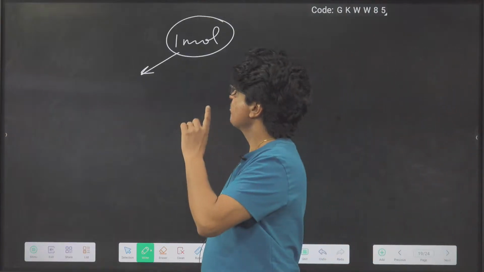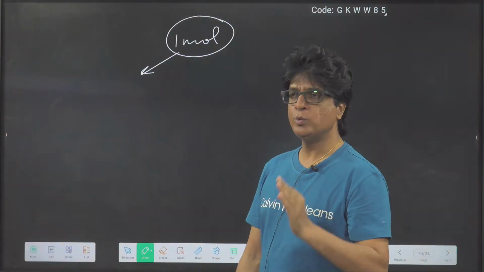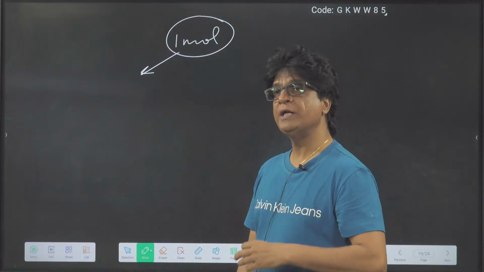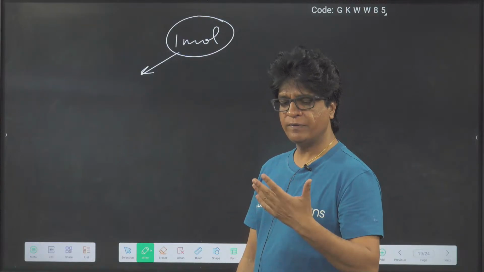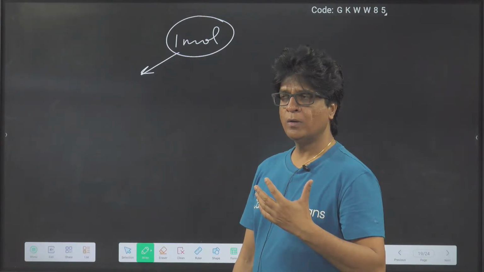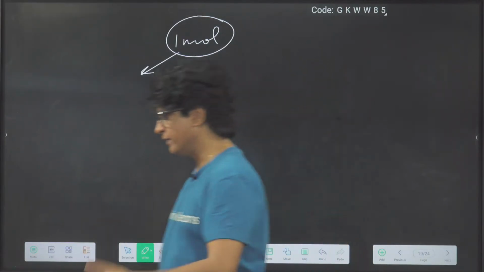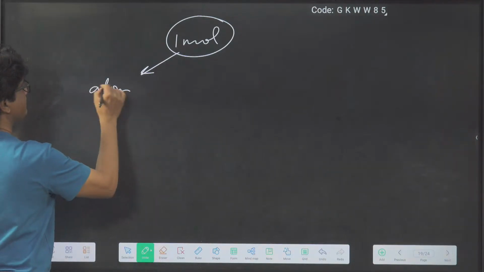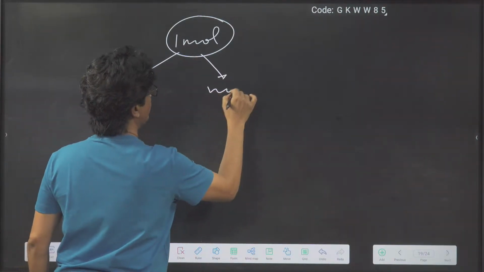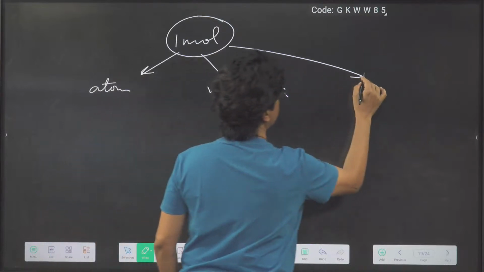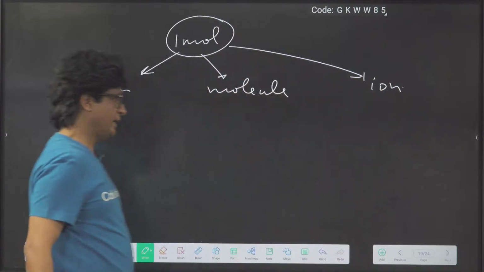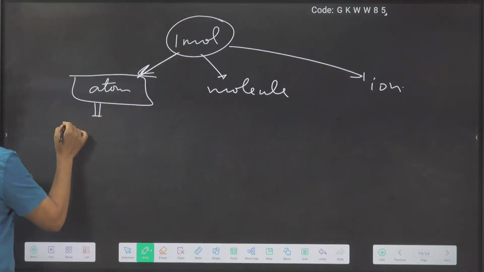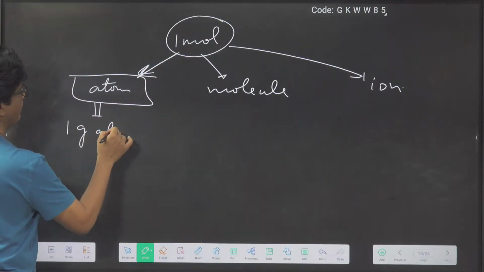See, these are all chemical terminologies. You should be aware of these things. They may not always write 1 mole. There are 3 different ways where they can give you the definition of 1 mole, right? 1 mole, if you are looking at atom, or molecule, or ions, right? 1 mole, if you are talking about atom, can be written as 1 gram atom.